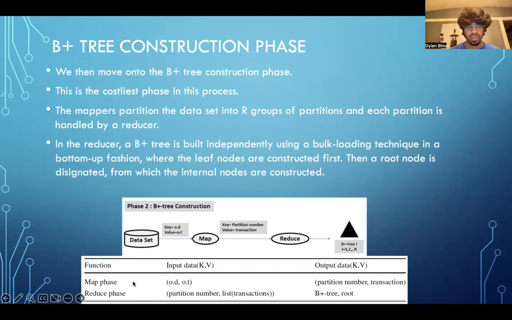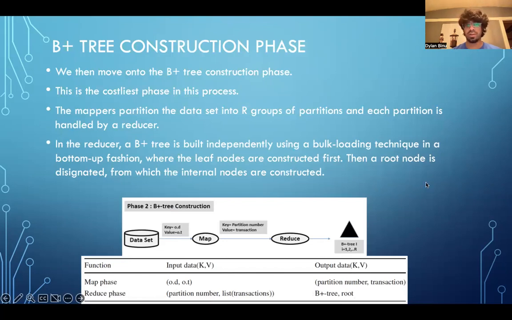So hopefully you can see that here. In the map phase, it takes the initial data, then you get a partition number and transaction. After that, the partition number and list gets sent into the reduction phase, out of which comes a B plus tree and a root.